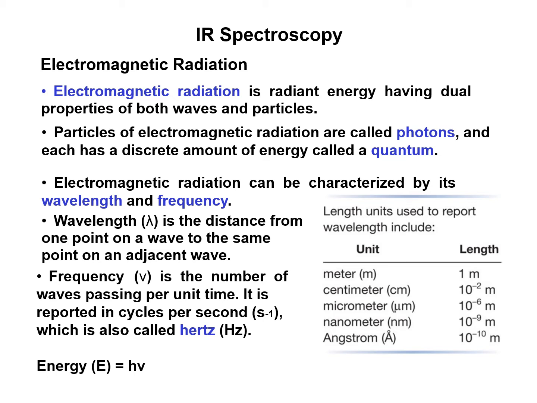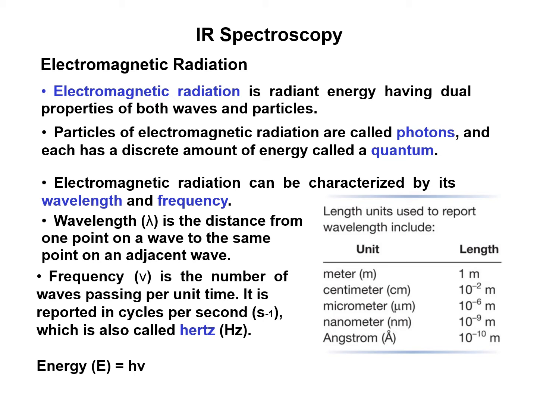In these spectroscopic techniques, electromagnetic radiation is expressed in terms of wavelength and frequency. The wavelength is simply the distance between two wave points in a travelling wave, whereas the frequency is the number of waves passing per unit time.